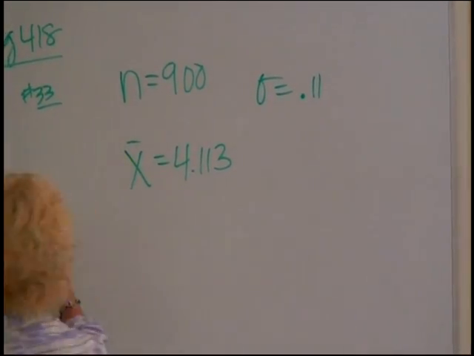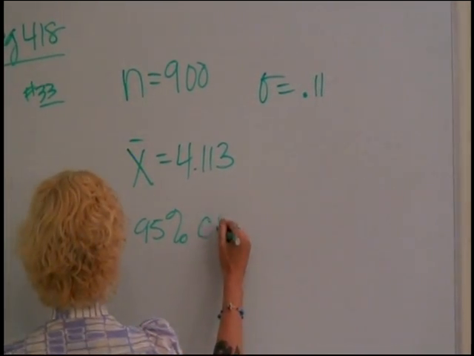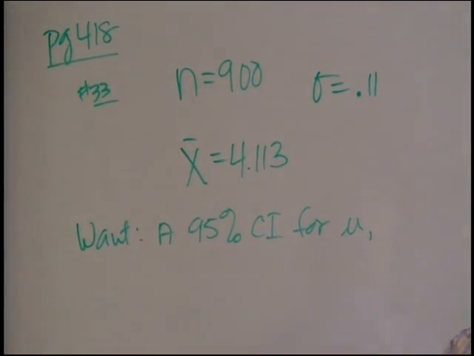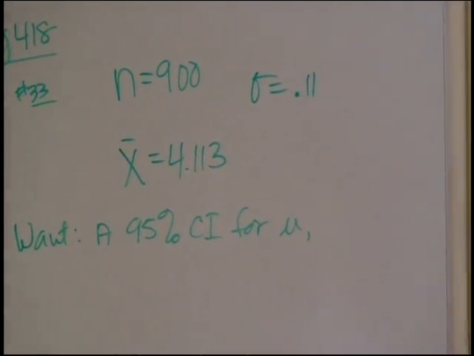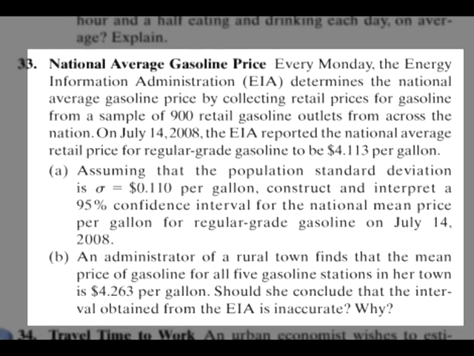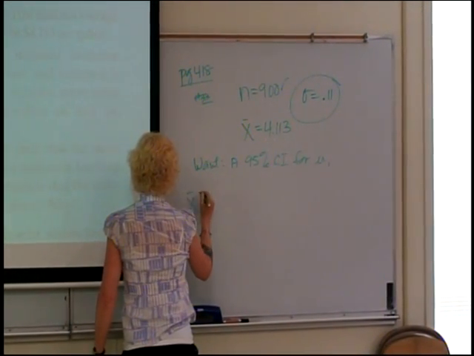So we want a 95% confidence interval for mu, the nationwide true mean price of gasoline. The key here is to construct a 95% confidence interval for the mean. Because we know the value of sigma, and we certainly have a big enough sample size, we use our formula.